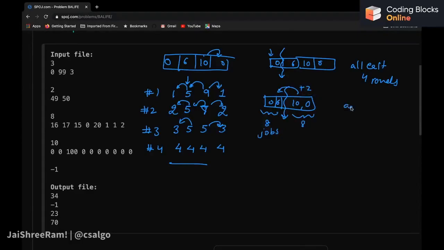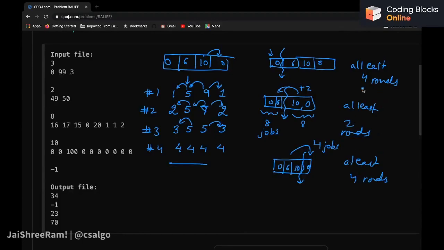So we need at least 2 rounds. And if we think of this as a boundary, 0 6 10 and 0, we need at least 4 rounds, because we need to transfer 4 jobs here. So the maximum of 4, 2 and 4 is 4. That means 4 is the final answer, and that we have also verified.